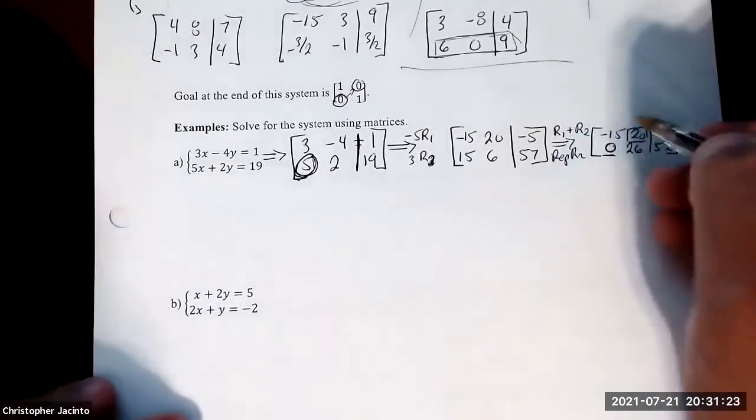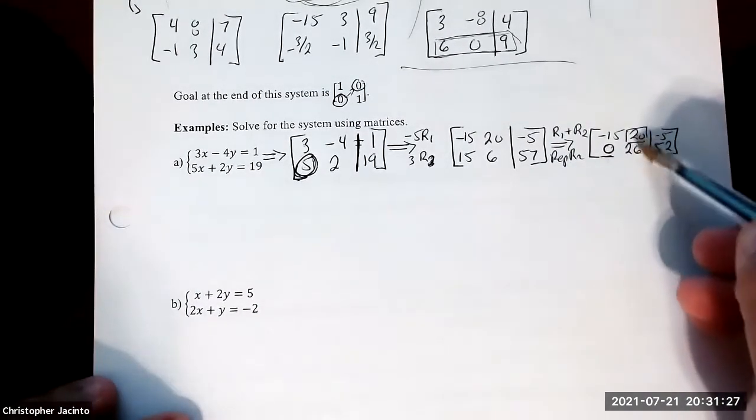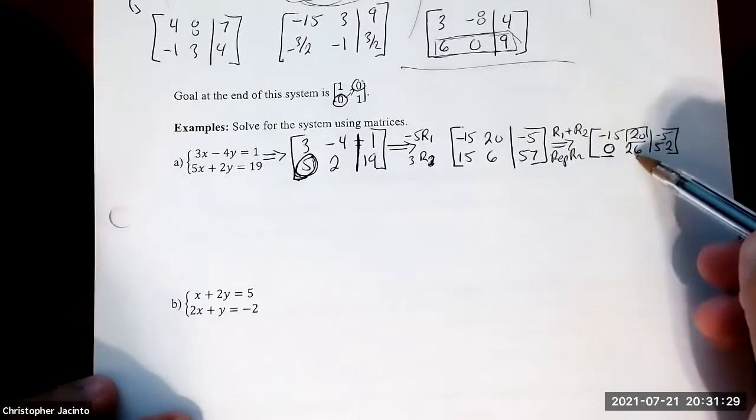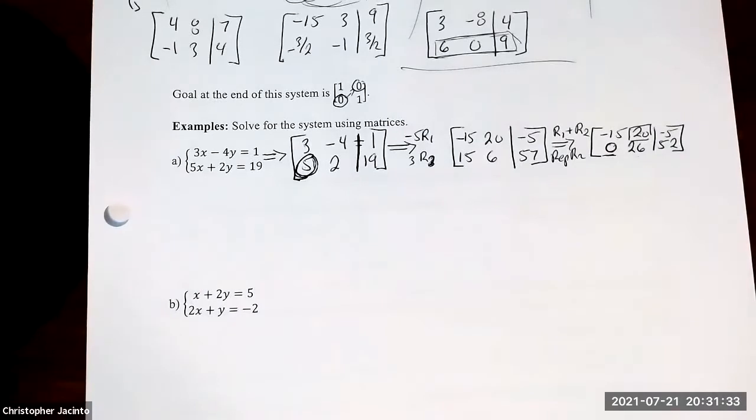All right, so same situation. In order to make these 0, these two have to be the same number, but again, opposite sign. And it's going to be pretty big numbers here. So I think we're just multiplying both the same would get it.